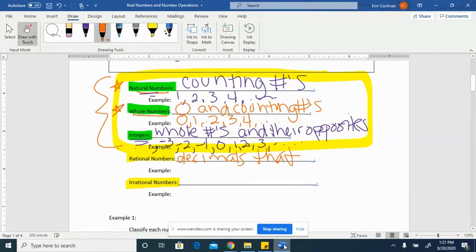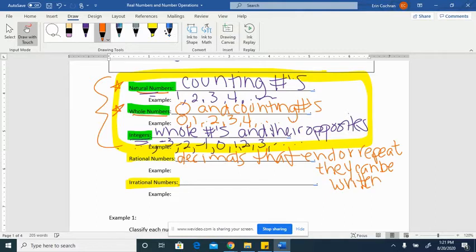So rational numbers are those decimals that end or repeat. The reason those include decimals that end and repeat is that the main thing is they can be written as fractions. So rational numbers are numbers that can be written as a fraction.